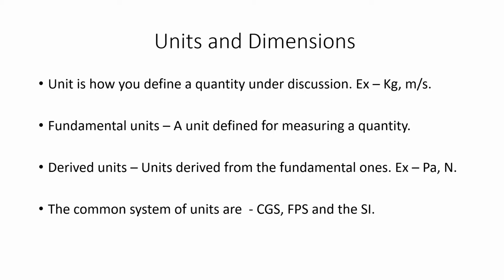The common systems of units that we use are of 3 types. You have the CGS, FPS, and the SI. We mainly use the SI system nowadays. The CGS consists of the centimeter, gram, second units, and the FPS is the British unit, which is foot, pound, second, and the SI is the Système International, which we use now.